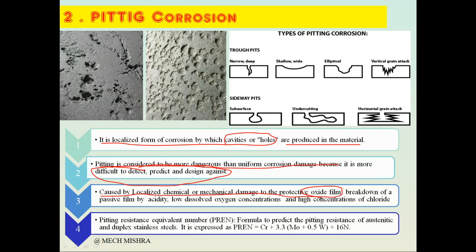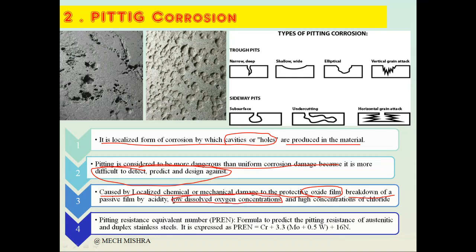But when the oxide film gets damaged, corrosion increases again at that location, and that will cause localized pitting corrosion. Next is breakdown of the passive film by acidity.